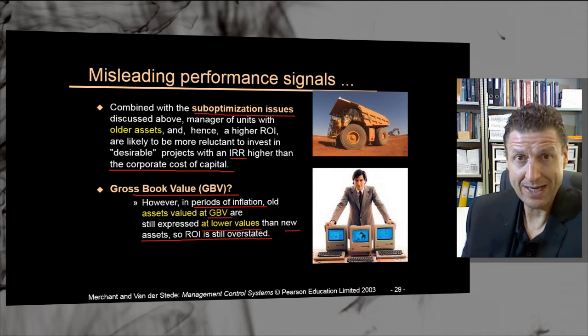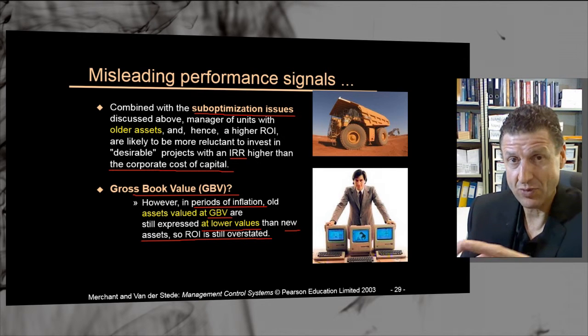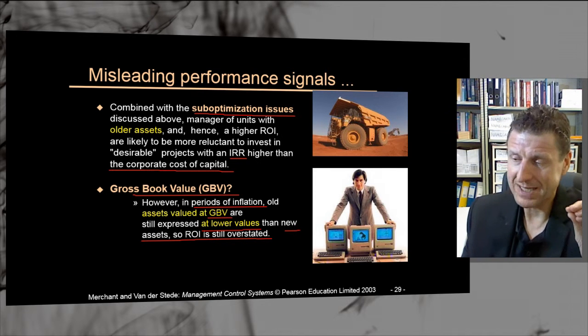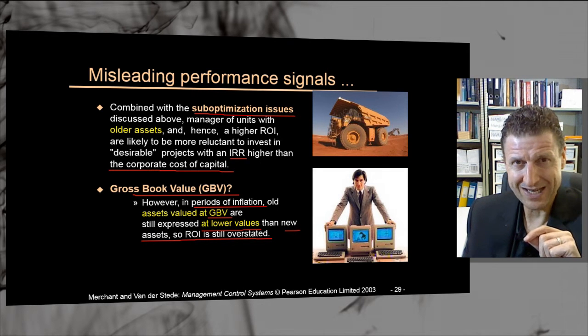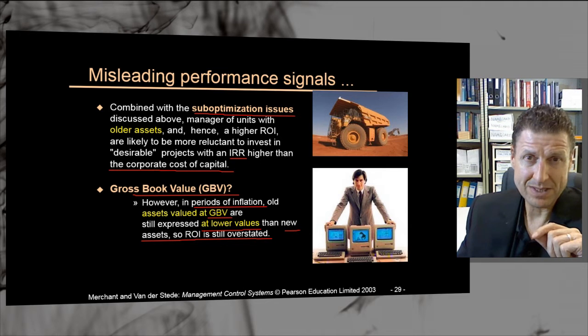And the best signal here is when we use accounting numbers. Remember, we're using a system that's cheap. Best signal here is not return on investment. It's more likely to be residual income. So we're actually using a signal that is dollar based and not percentage based.